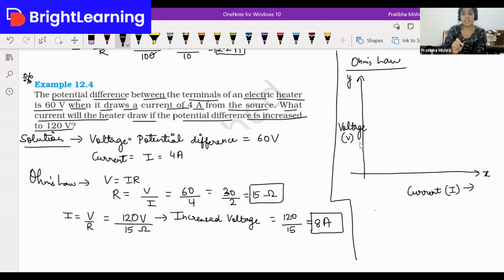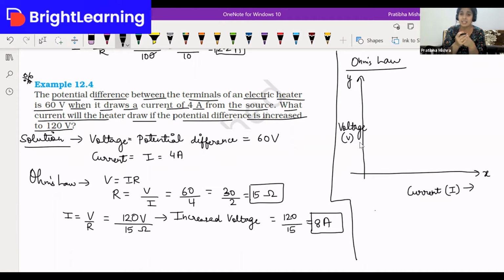Through a particular material, especially a conductor or a metallic wire, the flow of current will flow from one end to the other end. Across the ends, you will also have the difference in voltage, which is your potential difference or electric potential.